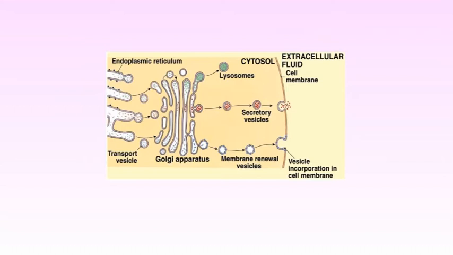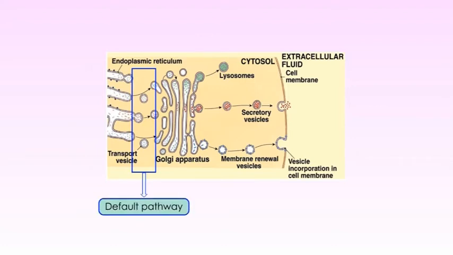The pathway from the endoplasmic reticulum via the Golgi apparatus to the cell surface is often referred to as the default pathway because proteins seem not to require special signals to follow it.